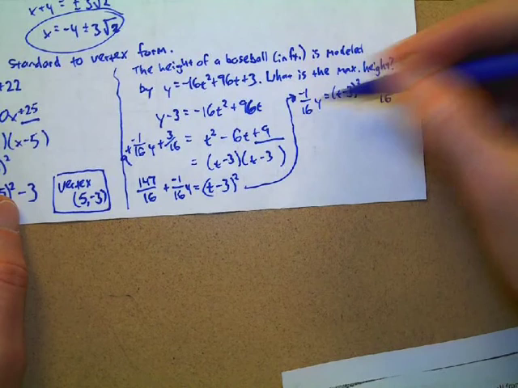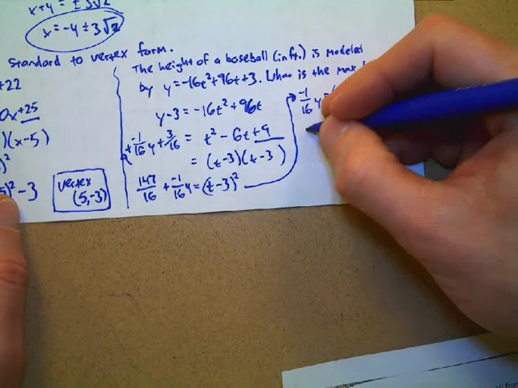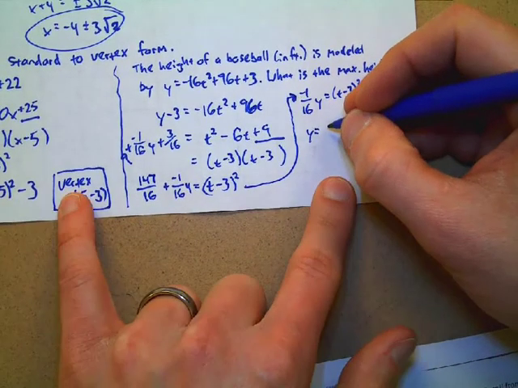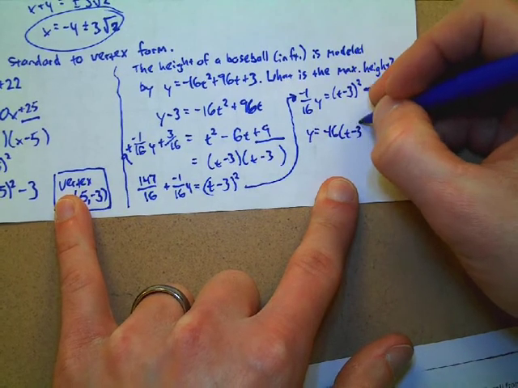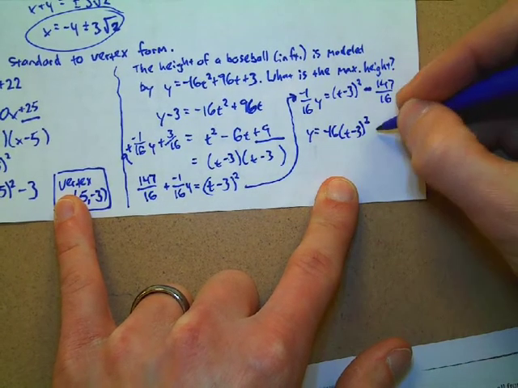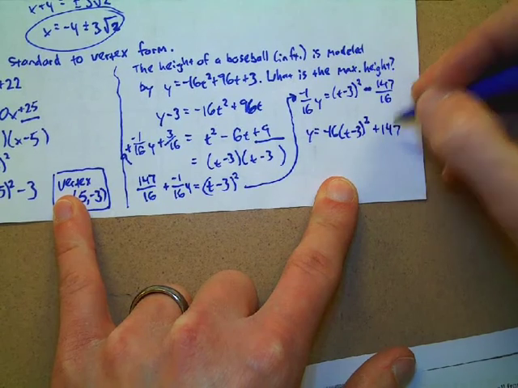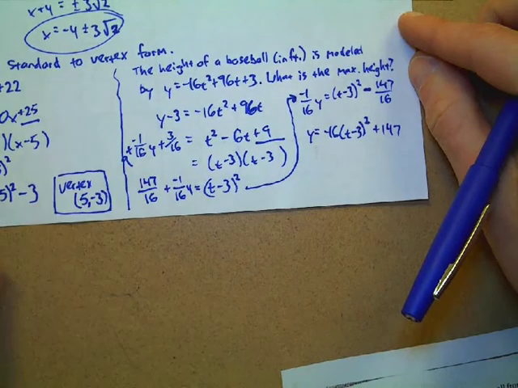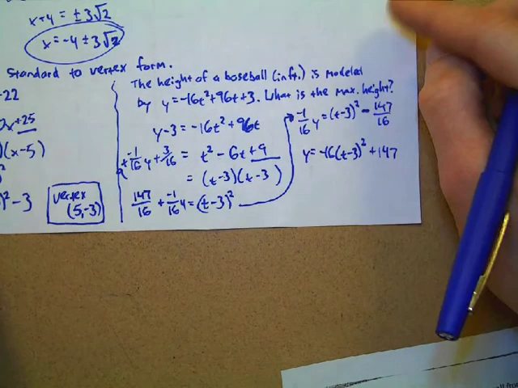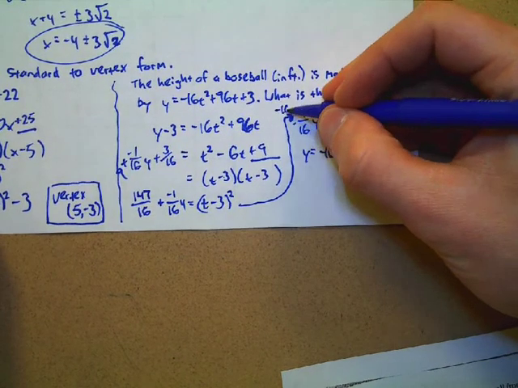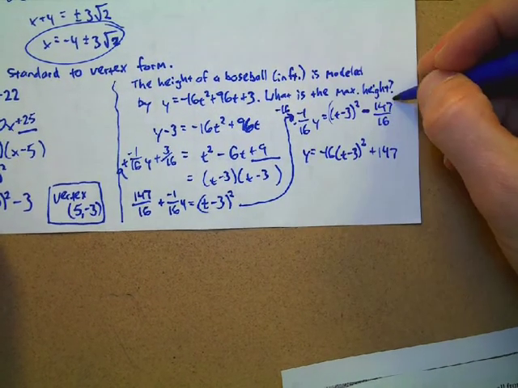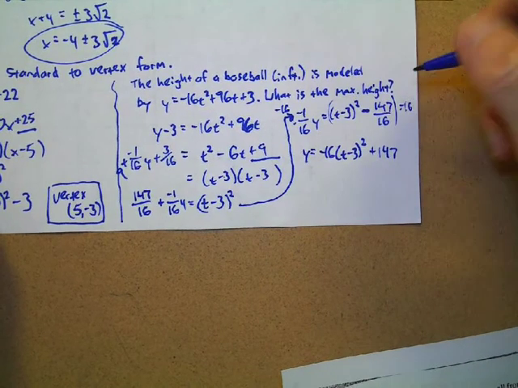We can eliminate it by multiplying by the reciprocal of this. So we'll get y equals, and then this times negative 16 will be negative 16 times t minus 3 squared, and then negative 16 times this is going to be a positive 147, right? Because the 16s will cancel. So we multiply both sides by negative 16. And it works out to be this.